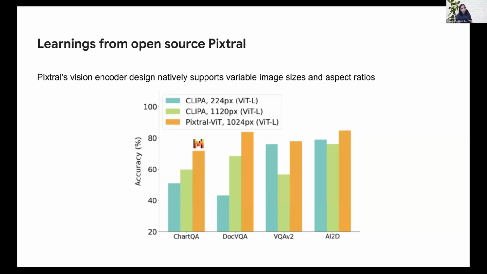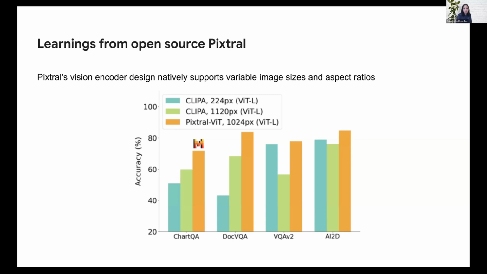Typically, what traditional vision transformers are trained on is something like ImageNet, where the images are broken down into tiles of 224 by 224 or 336 by 336, and this is essentially what the vision encoders are taking as input.